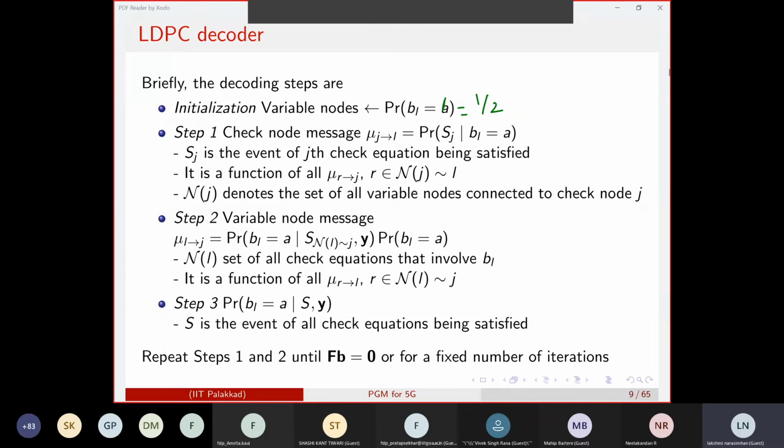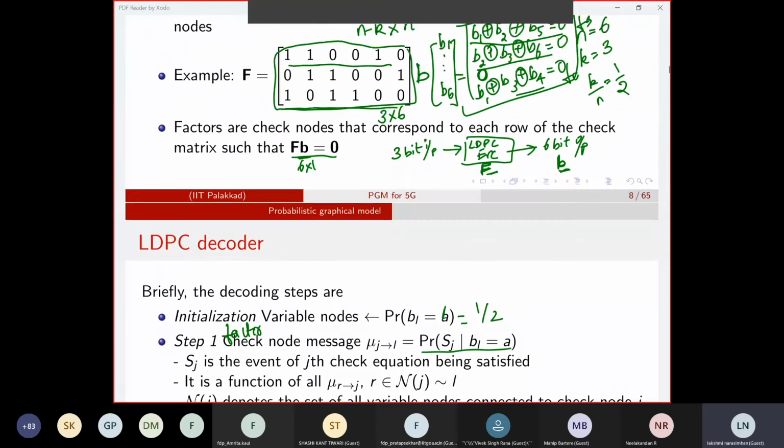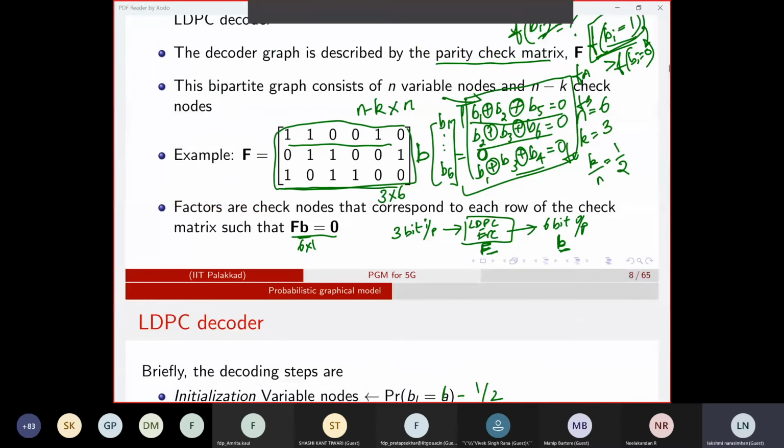Then once the variable node messages are known, or the variable nodes are initialized, we find out the check nodes. The check nodes are nothing but the factor nodes. And we just compute the probability. So what is this f? This f, remember, represents that this function is equal to 0.